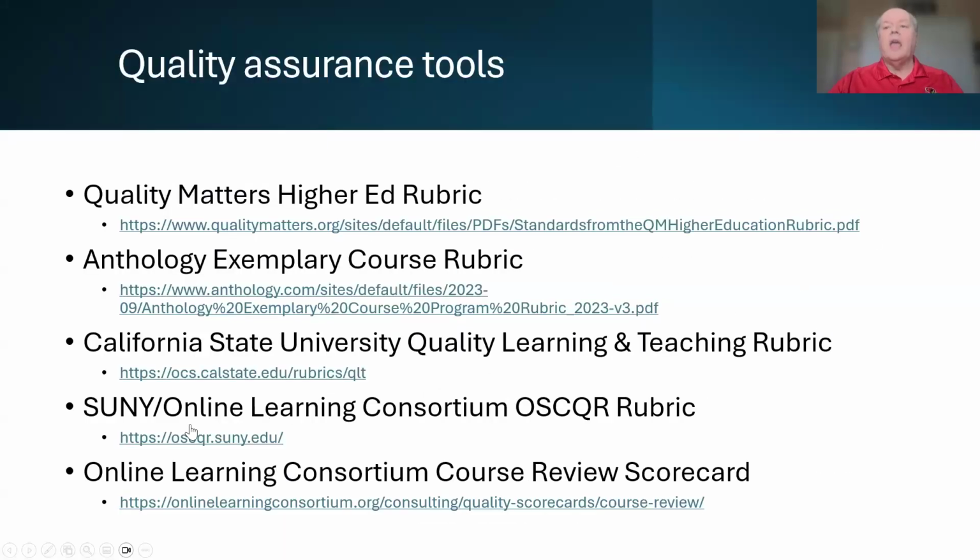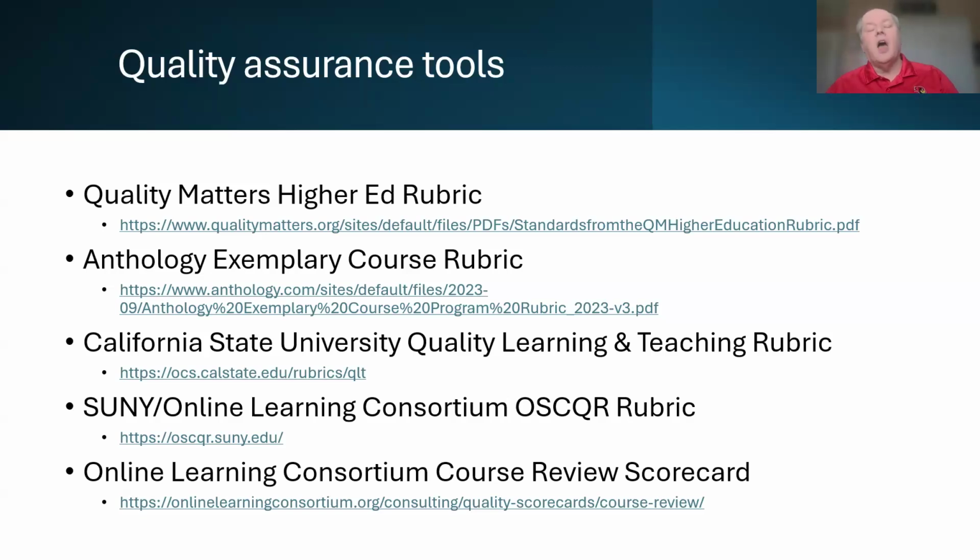Another popular one is the SUNY Online Learning Consortium OSCQR rubric. For many years, the SUNY OSCQR was the rubric for course quality used by the Online Learning Consortium.